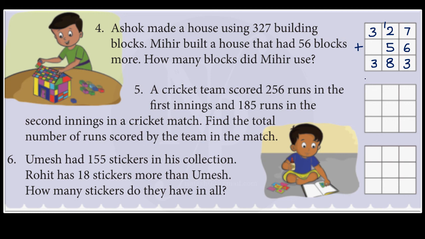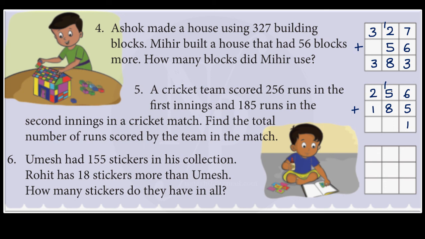So we write down the numbers in the tables given here. That is 256 plus 185. 6 plus 5 is 11. 11 ones are regrouped as 1 ten and 1 one. 1 ten is carried forward here.